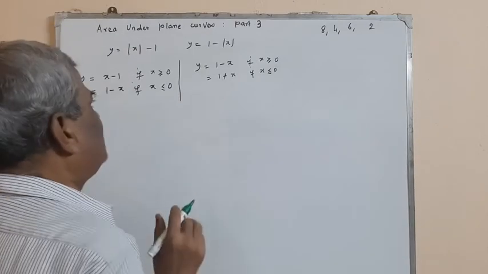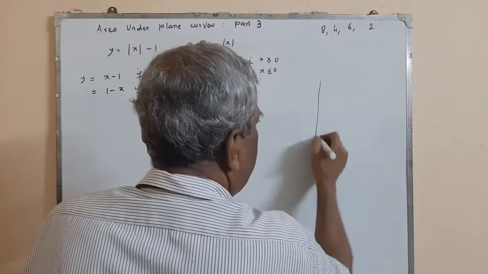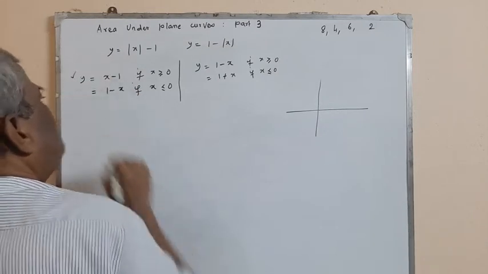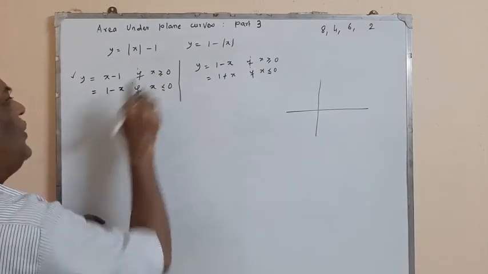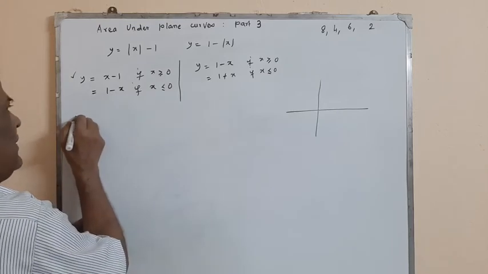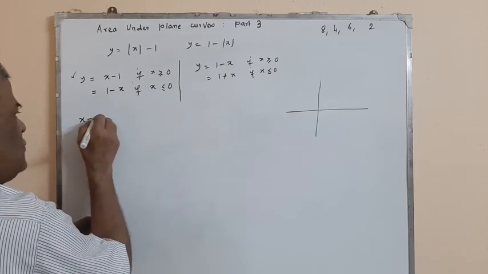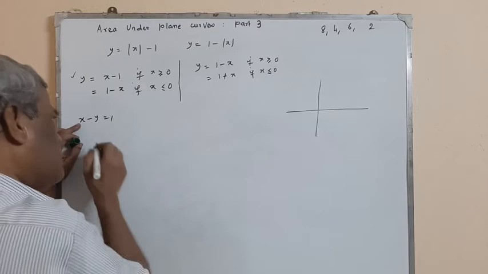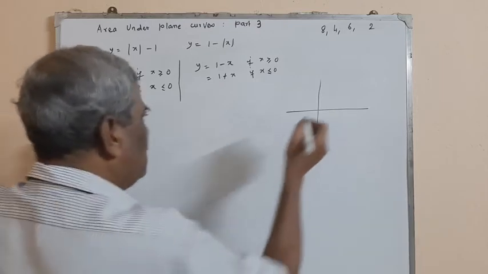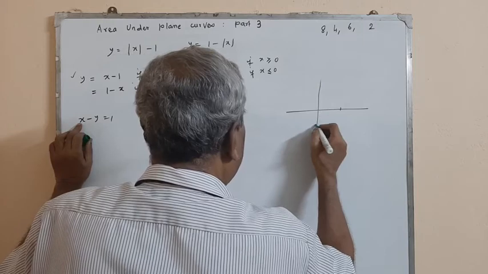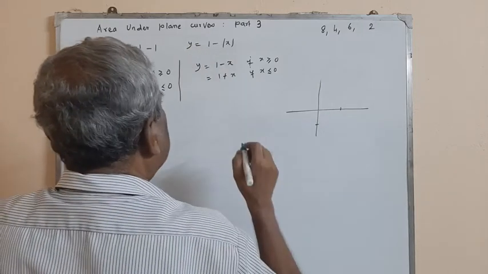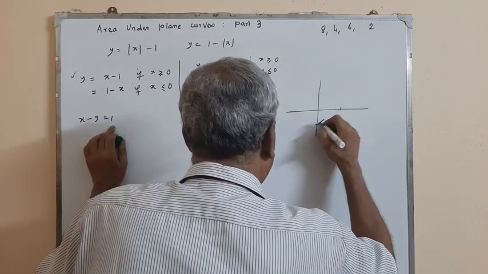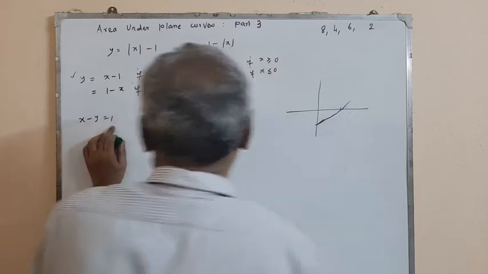Let us draw it first. I take this first. When x is greater than or equal to 0, we get x minus y is equal to 1. So x by 1 plus y by minus 1, when x is positive.